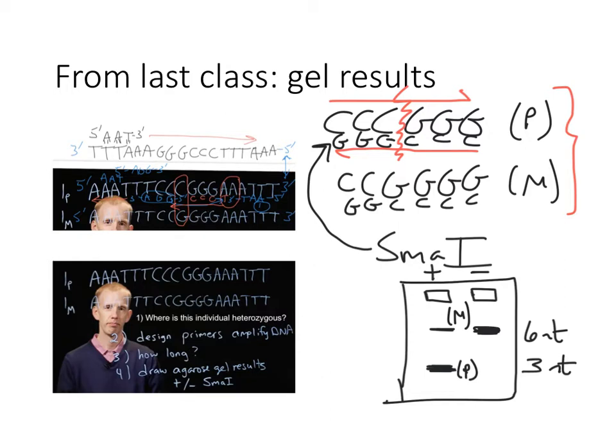So it should be twice as dark. So that's 2 molecules of 6 nucleotides. That's 2 molecules of 3 nucleotides. That's 1 molecule. And yes, absolutely, I should add a DNA ladder. That's how I would know how big these fragments are.